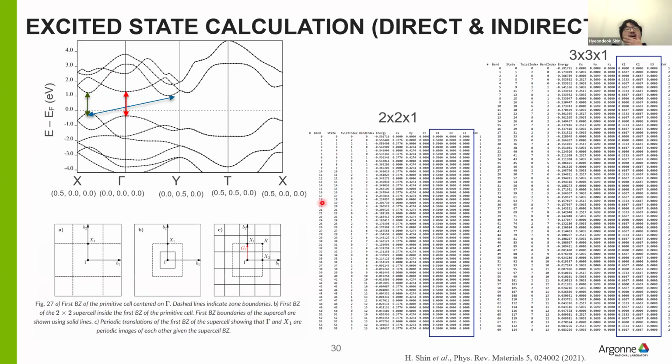So here is how we can make a strategy for the shape and the size of the supercells. This figure shows the Brillouin zone of the supercell centered at the gamma point, and the dashed line shows the zone boundaries of the Brillouin zone for the primitive cell, where the gamma point is included.